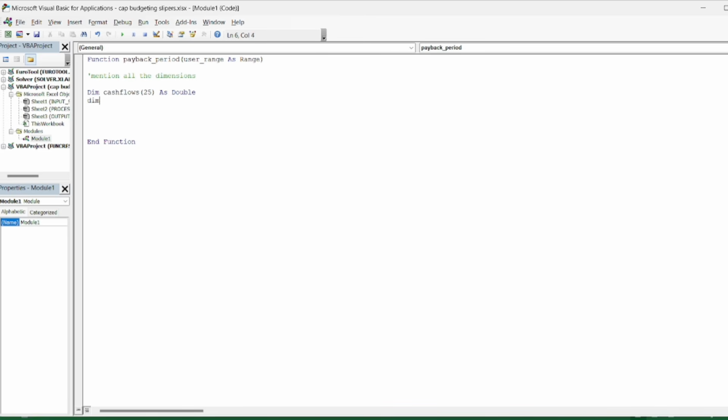So dim cash flows 25 as double, dim I as integer. And we'll give the cell references from where to take data and where to put it.